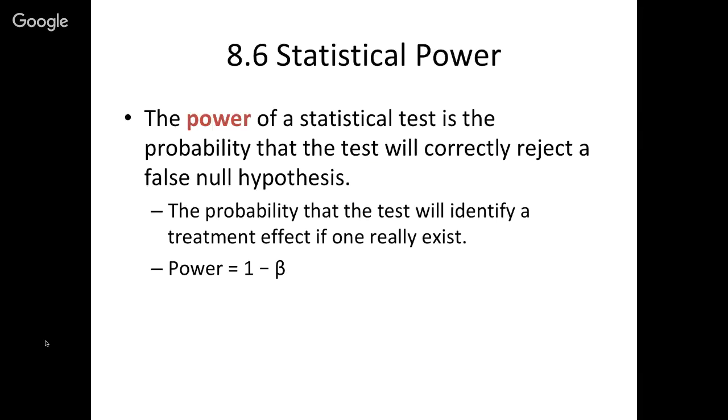Type 2 error means we fail to reject a false hypothesis. Here the power is the probability that we correctly reject a false hypothesis. So the power equals 1 minus beta, where beta is the probability of type 2 error.